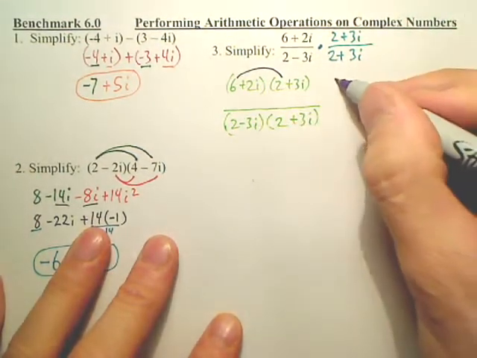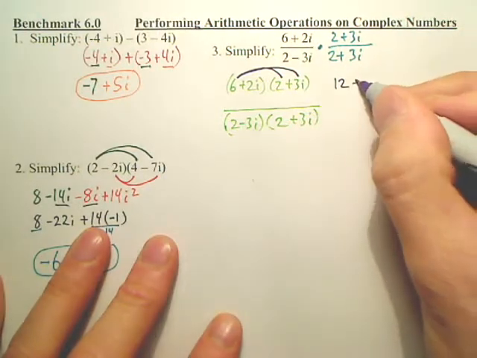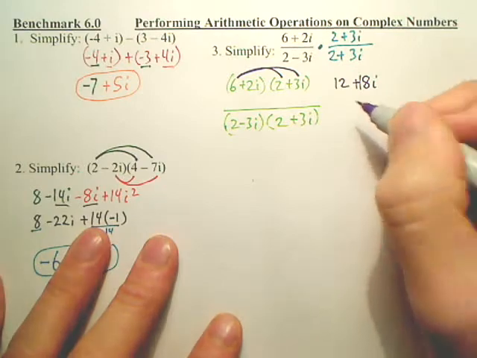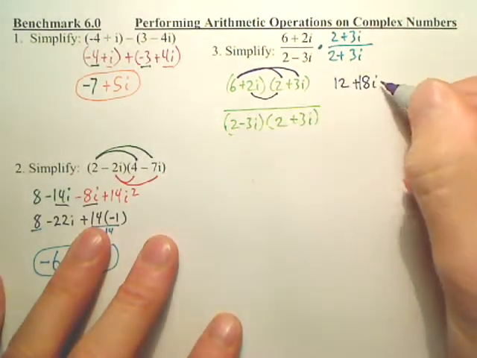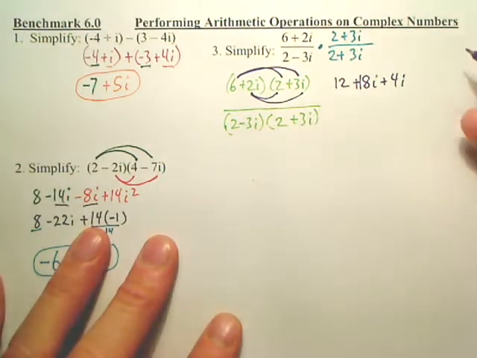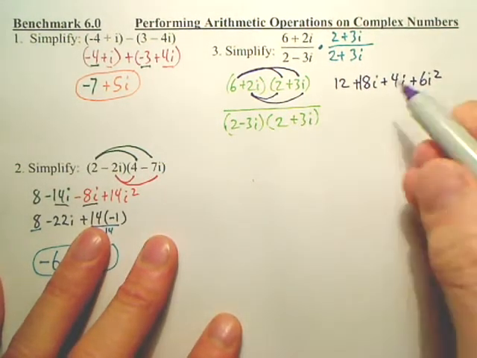6 times 2 is 12. 6 times 3i is 18i. 2i times 2 is 4i. And 2i times 3i is 6i squared.